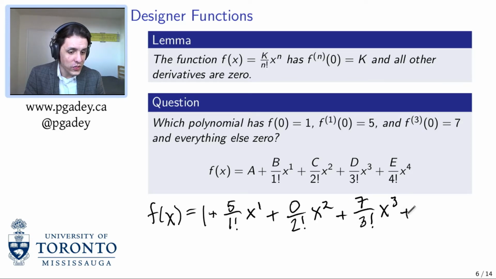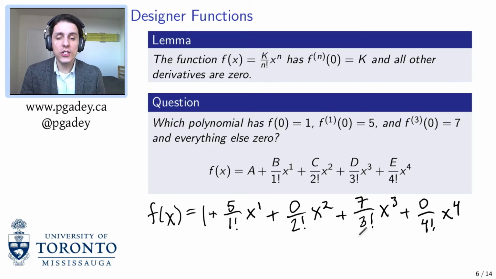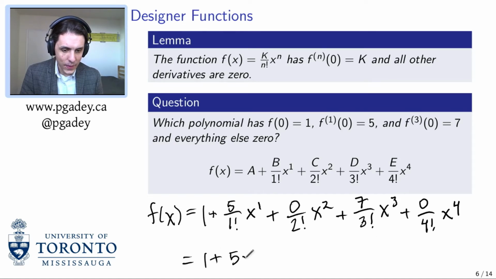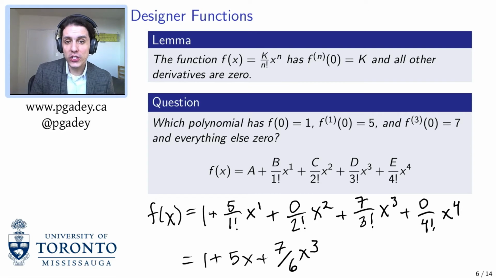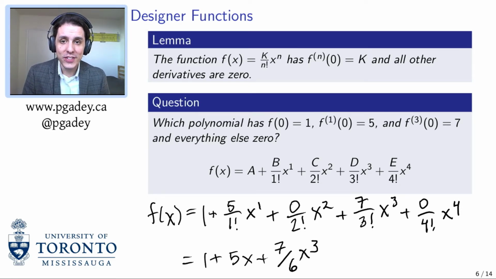And our fourth derivative should be 0. Okay, so doing the arithmetic and simplifying, we get 1 plus 5x plus 7 sixths x cubed. And this function will have exactly the derivative properties that we've asked for. It's designed to do exactly what we're hoping it will do.